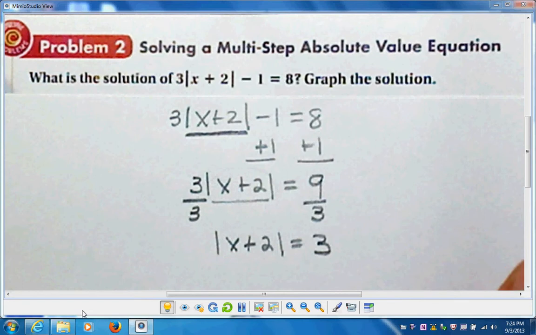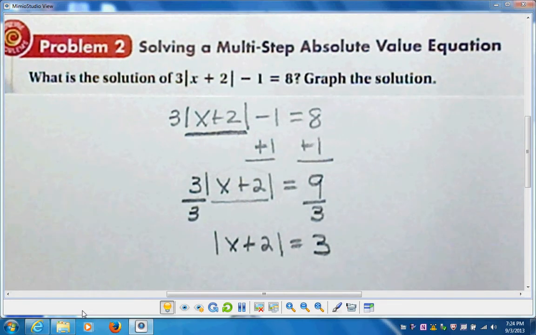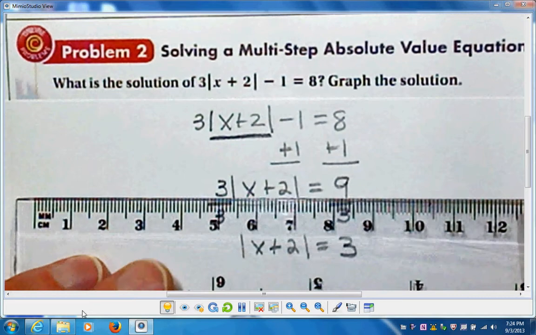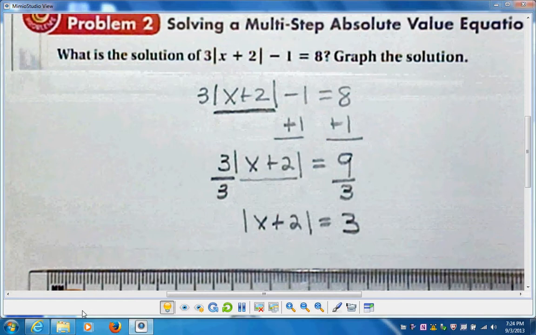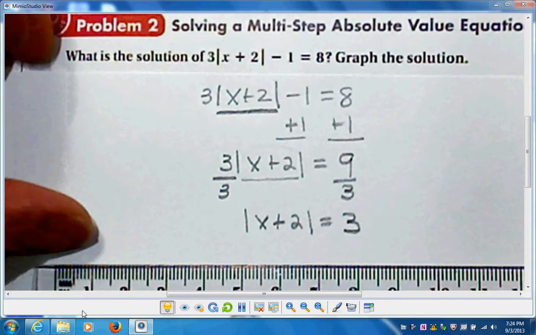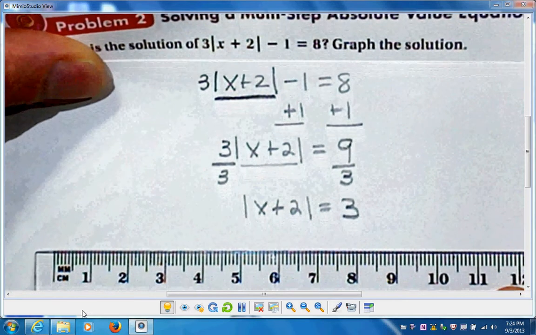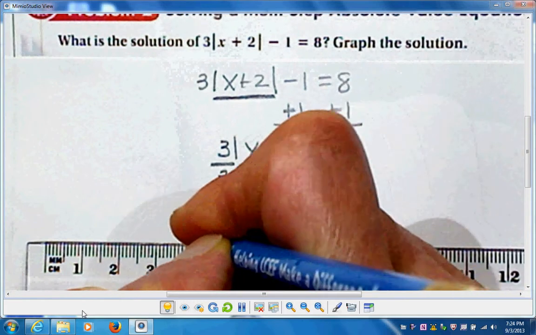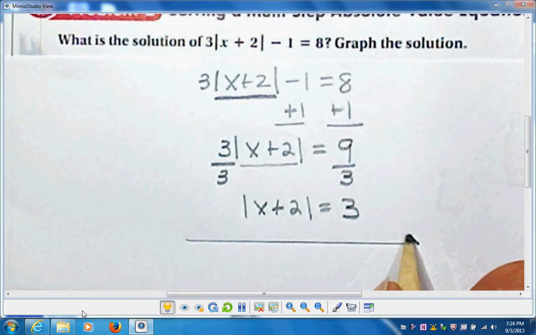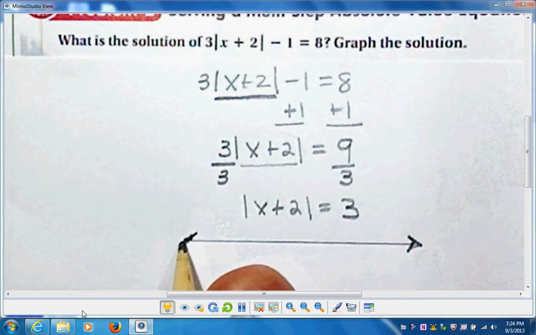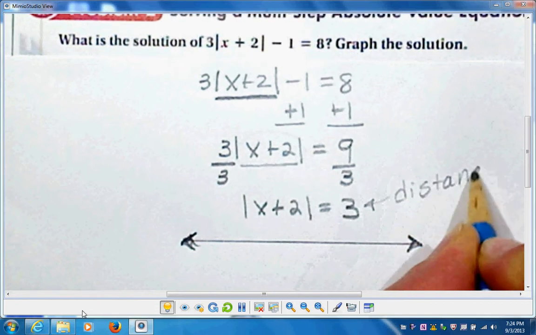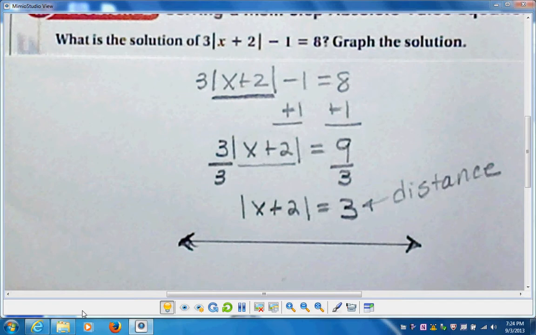So if we remember from our investigation of number lines, let's look at what this might mean as far as a number line is concerned. So I'm going to just put my number line, I guess maybe I'll put it underneath here. What does this mean? So notice I haven't solved anything yet. We will solve it. Okay, this 3 means distance, doesn't it? That's my distance away from whatever my center point is.